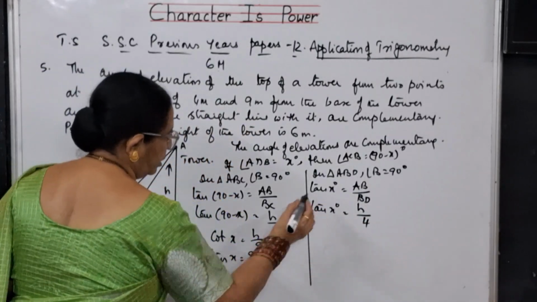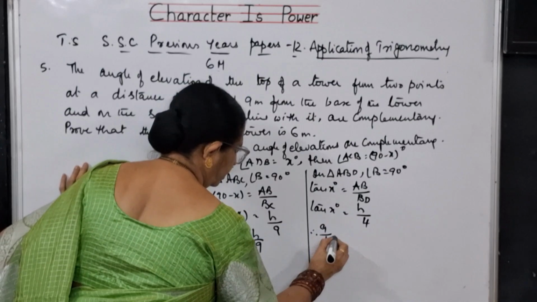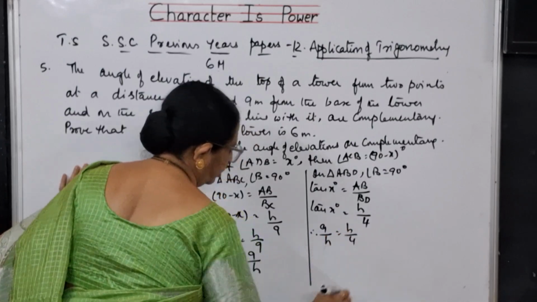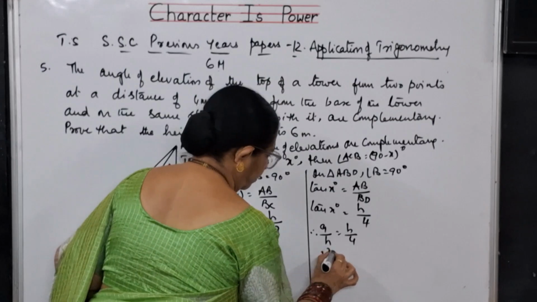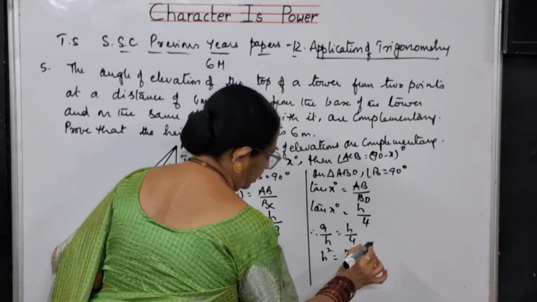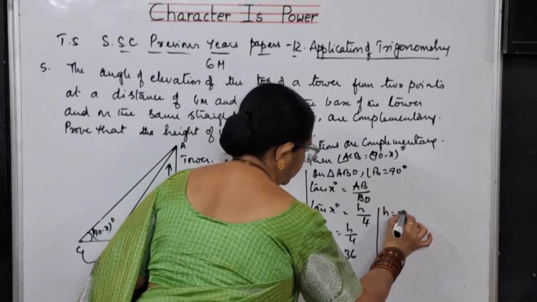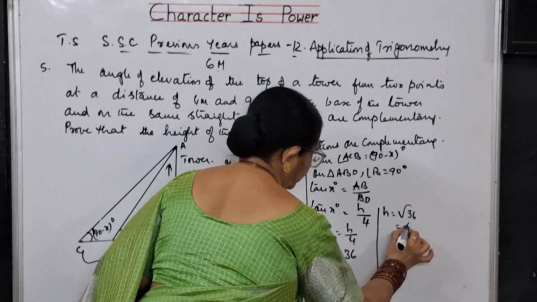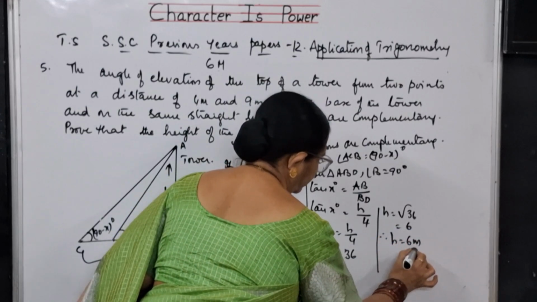So both of them are tan x only. So 9 by h is equal to h by 4. Means h square is equal to 9 4s are 36. So what is h, children? Root 36, 36. Therefore h is equal to 6 meters.